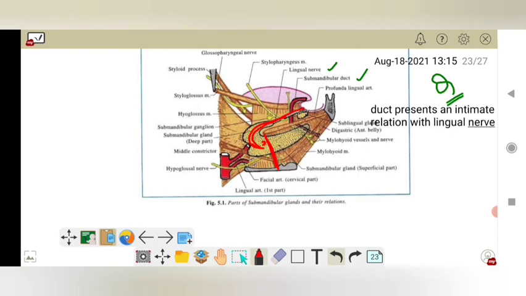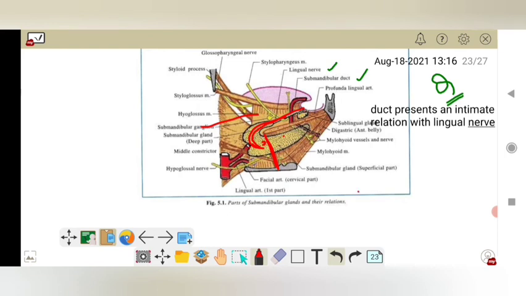Duct starts behind the mylohyoid muscle, then in deep part, it runs forward in between the mylohyoid, and this is mylohyoid muscle and this is hyoglossus muscle, and it opens in floor of mouth on each side of frenulum linguae, at sublingual papilla.